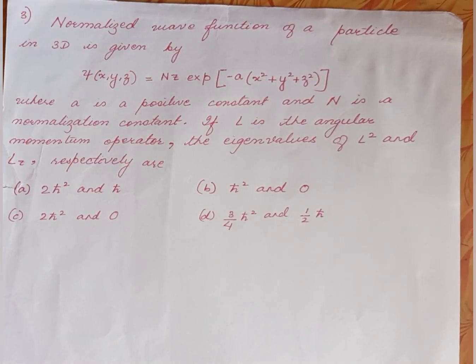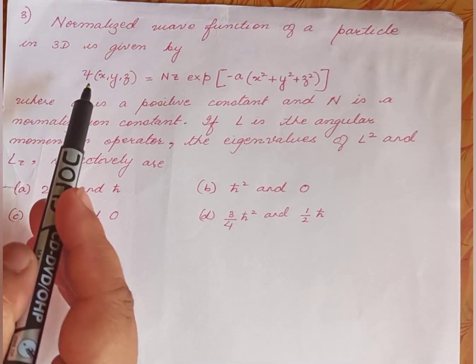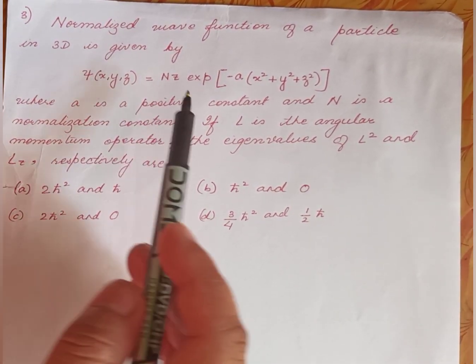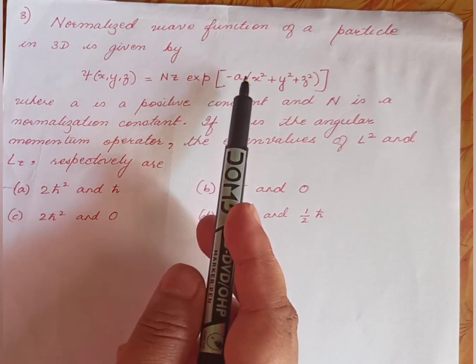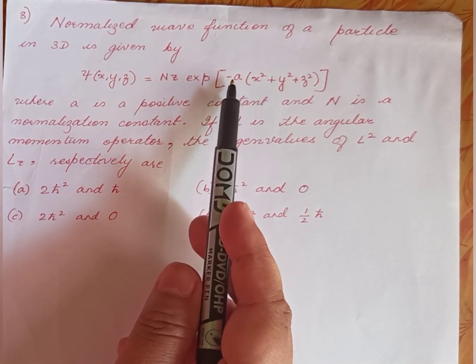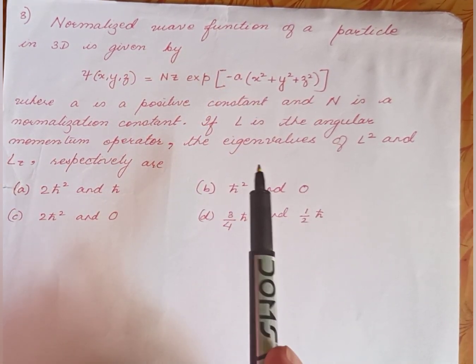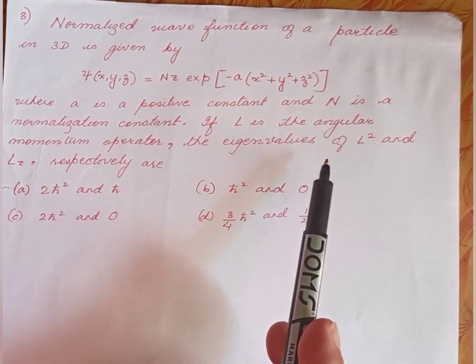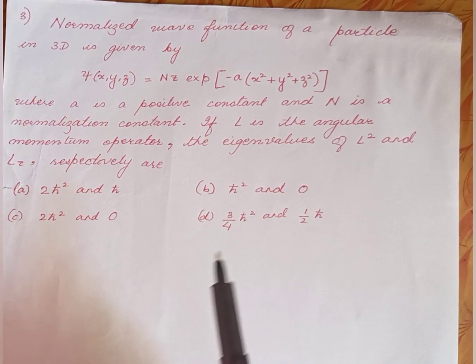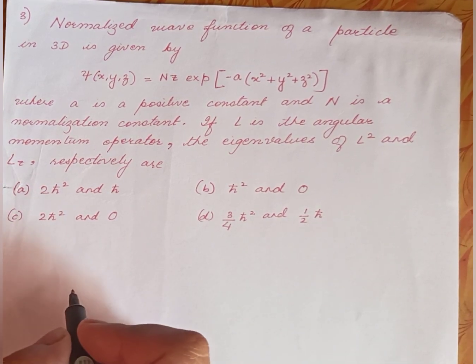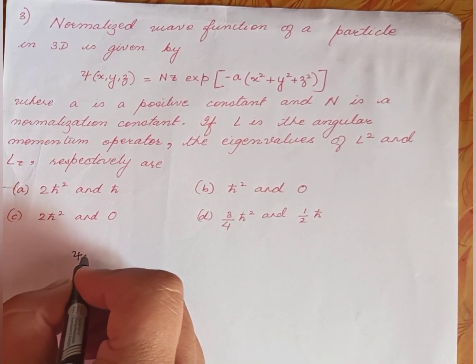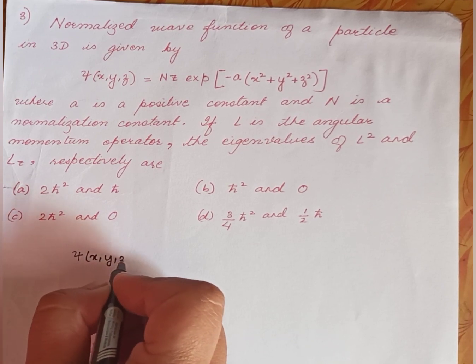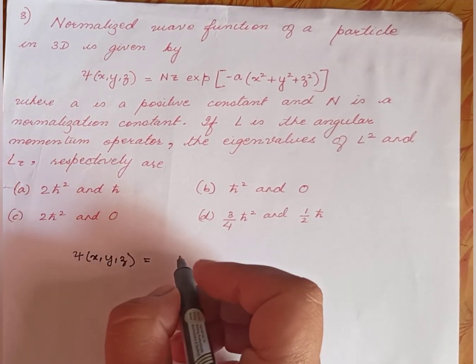So in the third question we are given a normalized wave function psi of x, y, z, where N here is a normalization constant and a is some positive constant. So what we are asked is, if L is the angular momentum operator, then we need to find the eigenvalues of L square and Lz. For that, we will try to express this x, y, z in terms of r, theta and phi.